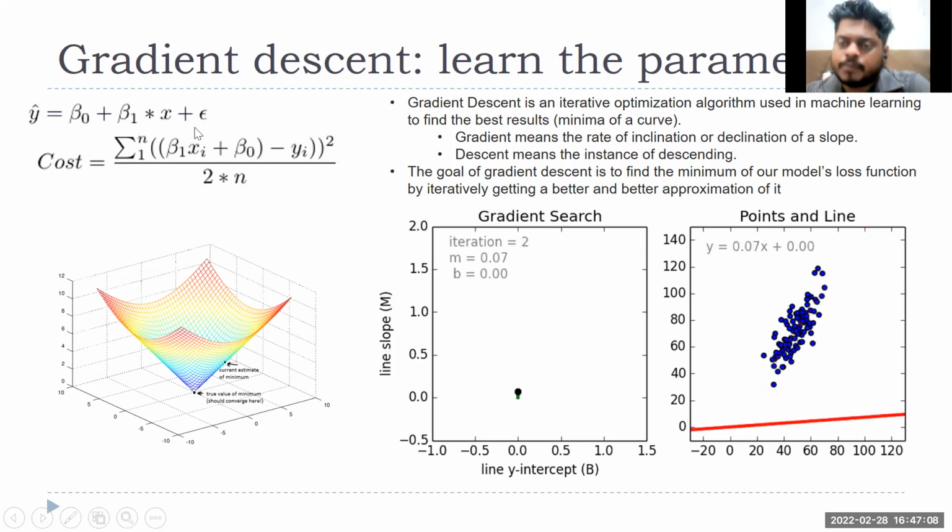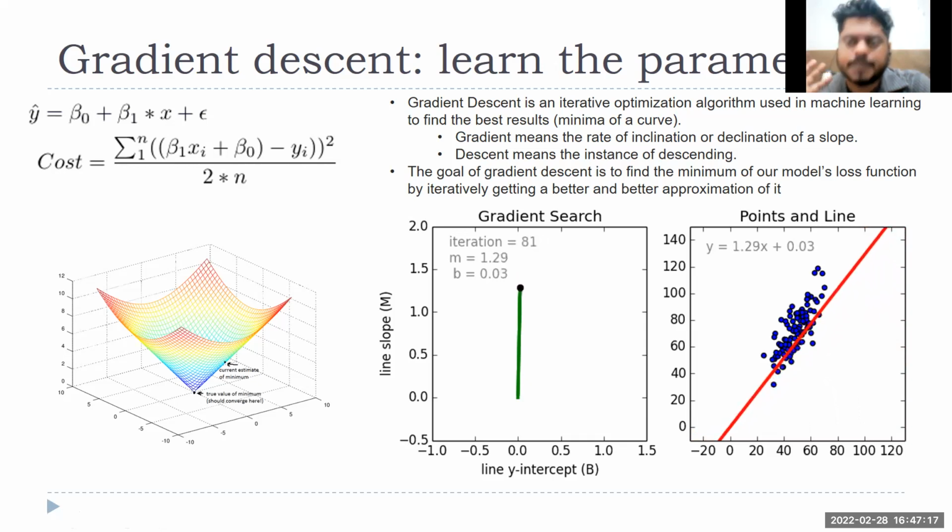But the point is how that model knows it, right? The model doesn't know mathematics, doesn't know any equation, or doesn't understand what a regression is. How does it calculate that? For that, you have to put in a mathematical equation, that is cost. Cost is nothing but the error between your actual value and your predicted value.